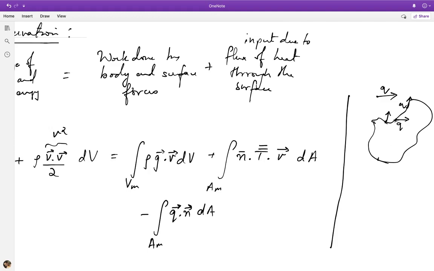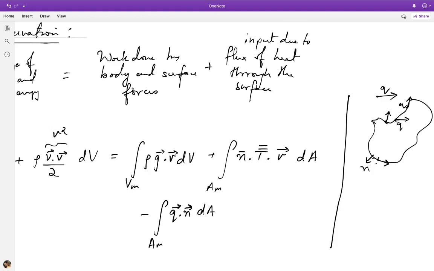So if the flux vector is tangential to the surface, that flux of heat is not going to change the energy balance. It's only if it has some component along the normal. If it's directed along the normal such that q dot n is positive, then this will lead to an output of energy, hence the negative sign.